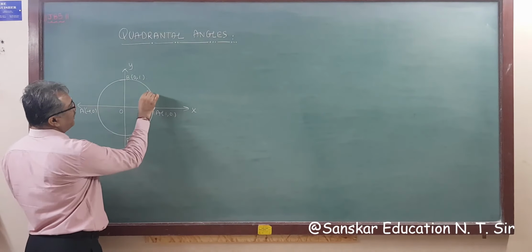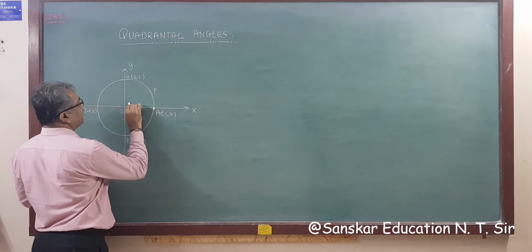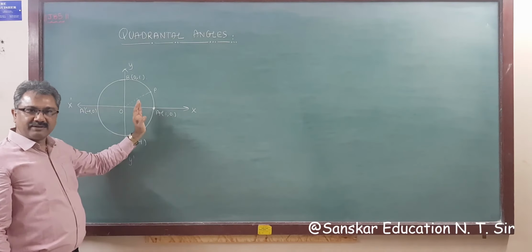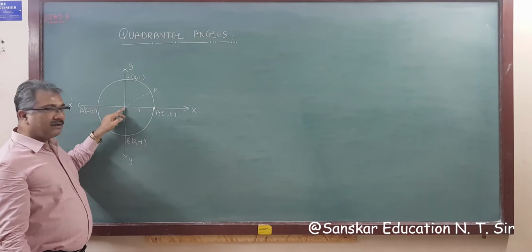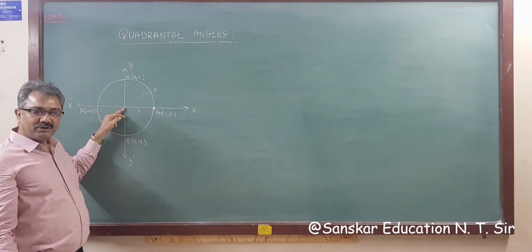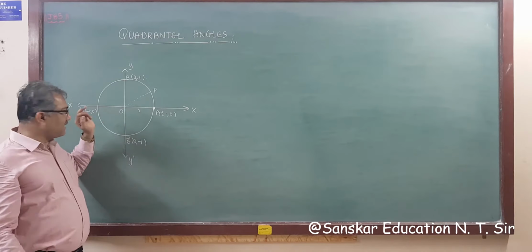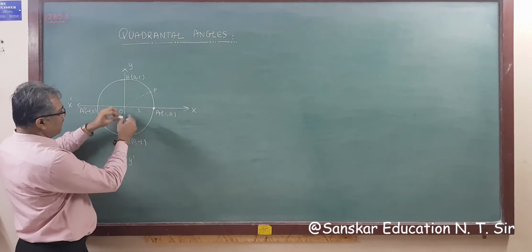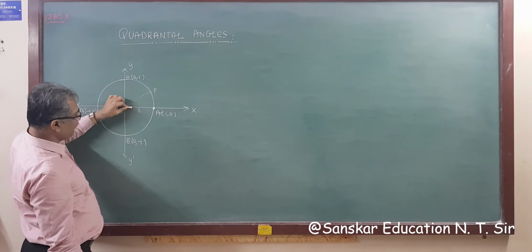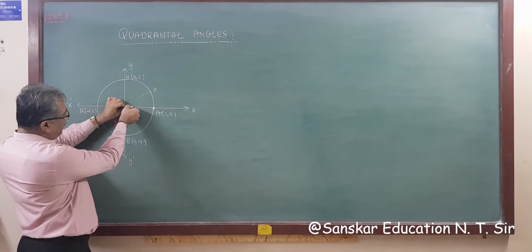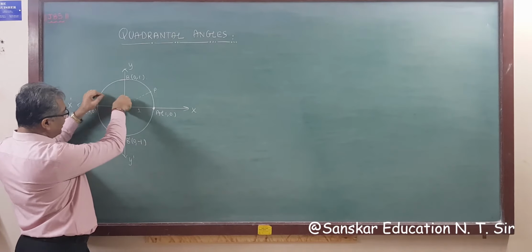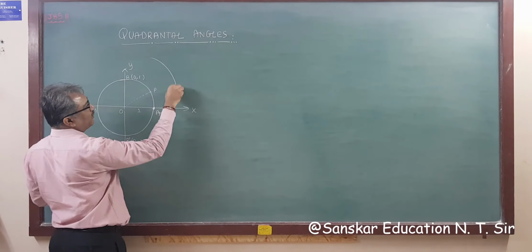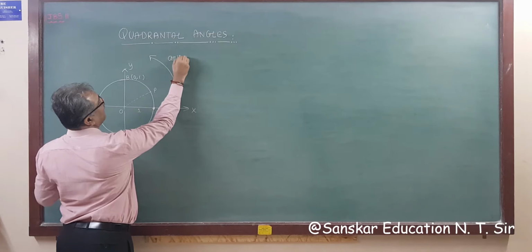So suppose you have point P here. Then this ray OP completes one revolution and subtends an angle of 2 pi radian at the center of the circle, that is the origin. Suppose we started from here, we complete one revolution and come back here, so it moves in the anti-clockwise direction.